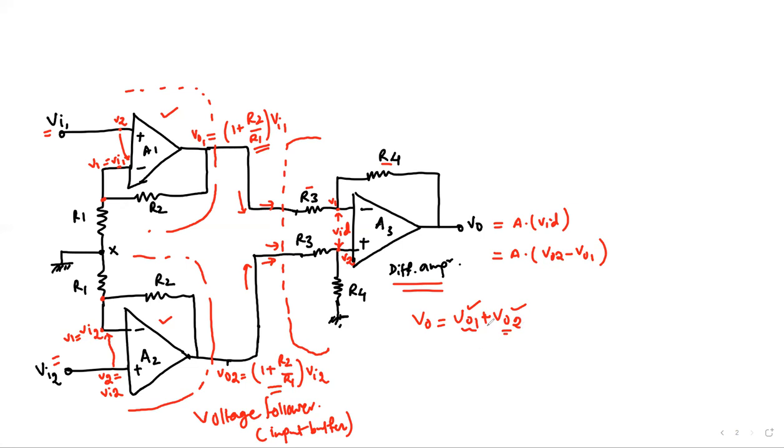So these two are the inputs right here. The final output will be gain times this differential signal. That gain is given by R4/R3, the gain of the differential amplifier, multiplied by (1 + R2/R1) times VID.